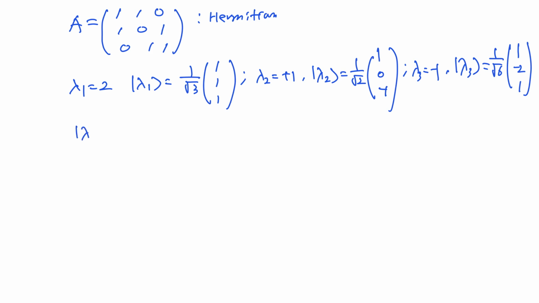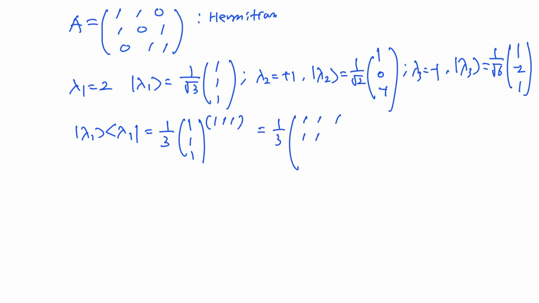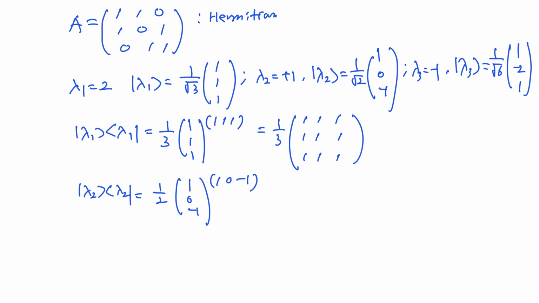So the outer product for lambda 1 is 1 over 3 times the matrix of all ones. For lambda 2, it is 1 over 2, 1, 0, minus 1, times the transpose, so 1 over 2 times the matrix 1, 0, minus 1, 0, 0, 0, minus 1, 0, 1.